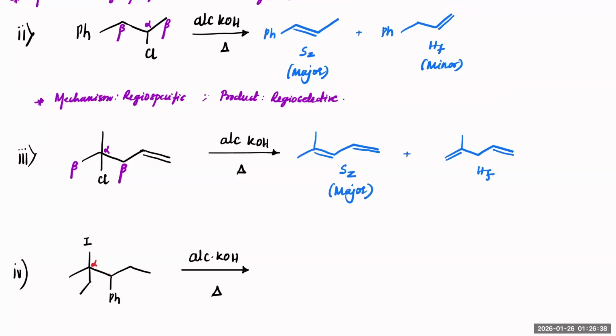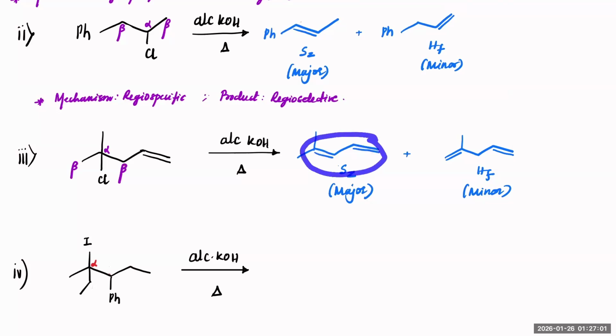See, in the above case and this case, you can see this one and this one, both of them are major, because in both cases resonance stability is being offered. Phenyl can help in making more resonance with the pi bond, and this new pi bond which is formed is most likely going to have resonance with the other pi bond.